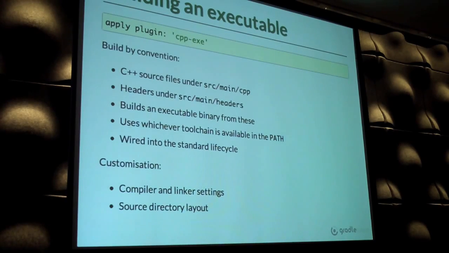It'll do that using whichever toolchain it can find in the path. So if it finds GCC, it'll use GCC. If it finds Visual C++, it will use Visual C++. And that's all wired into the standard lifecycle, so you can basically do gradle assemble, and you'll get your executable. So very similar to the Java plugin, build by convention stuff, wired into the standard lifecycle, put your source in the right place, it'll just work.